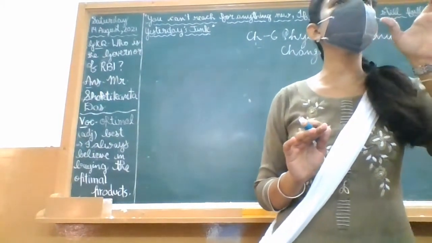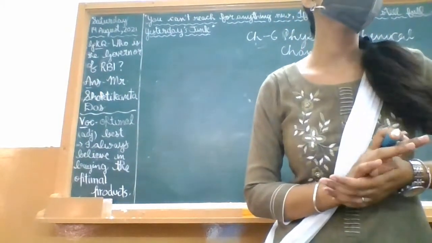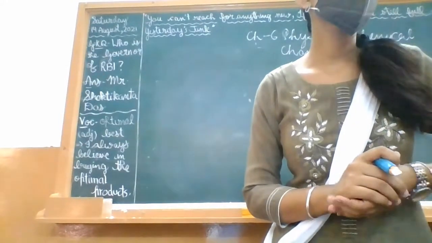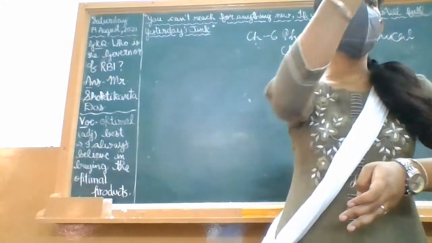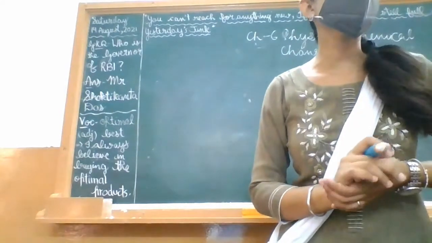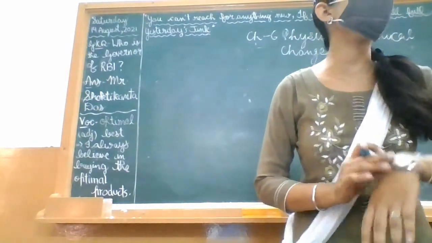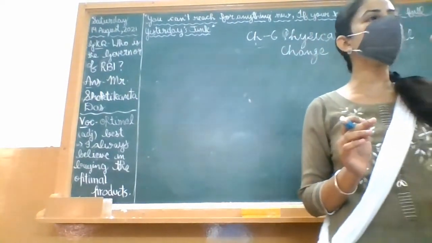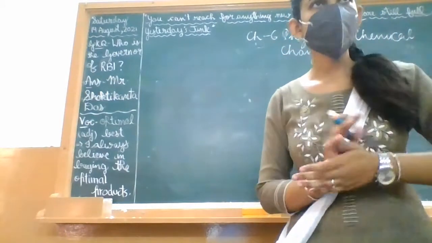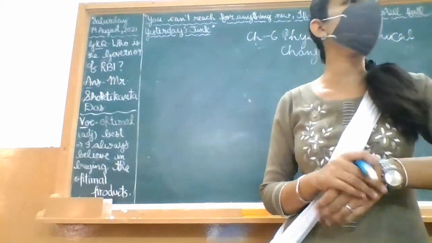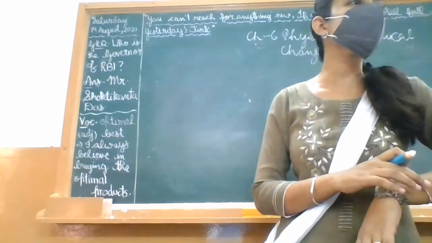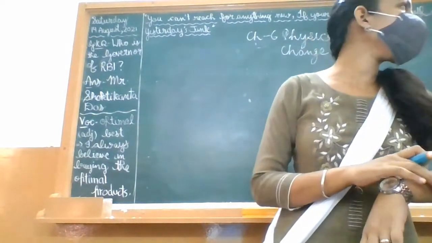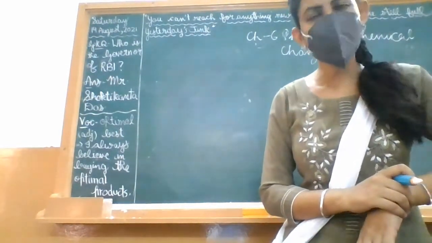Magnesium oxide is of which color? Yes, white color. So when we add water into magnesium oxide, what will it form? Magnesium hydroxide, and is it acidic or basic in nature? It is basic, and it will turn the red litmus to blue.